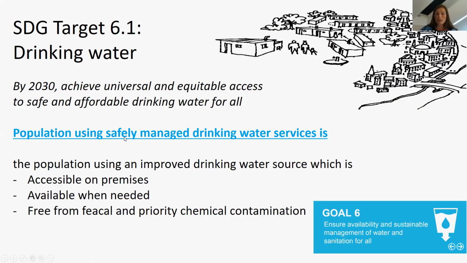So you remember the key indicators for Sphere were a little bit different. Still, this safely managed drinking water service has a lot of similar issues hidden inside. For example, the accessibility of water, availability when it's needed, as well as the water quality, which are major indicators of Sustainable Development Goals.